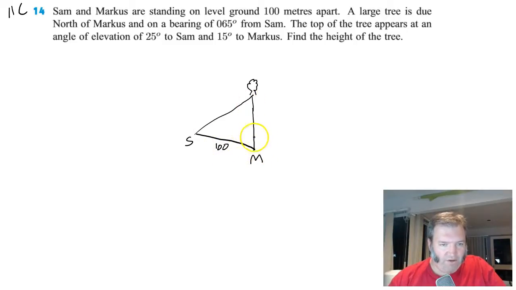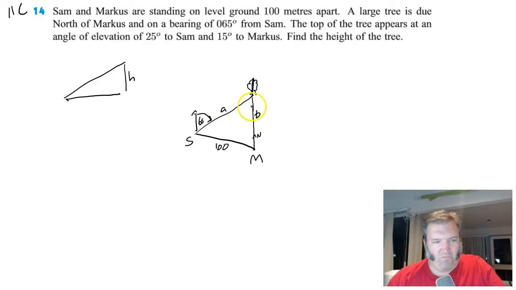But this tree is directly north of Marcus, and it is on an angle of 65 degrees from Sam. Now, here's the height of the tree. We're given two other bits of information. If I let this equal H, the height of the tree, I'm going to call these lengths A and B. Side A goes from Sam to the base of the tree, capital T, and then to the top of the tree.